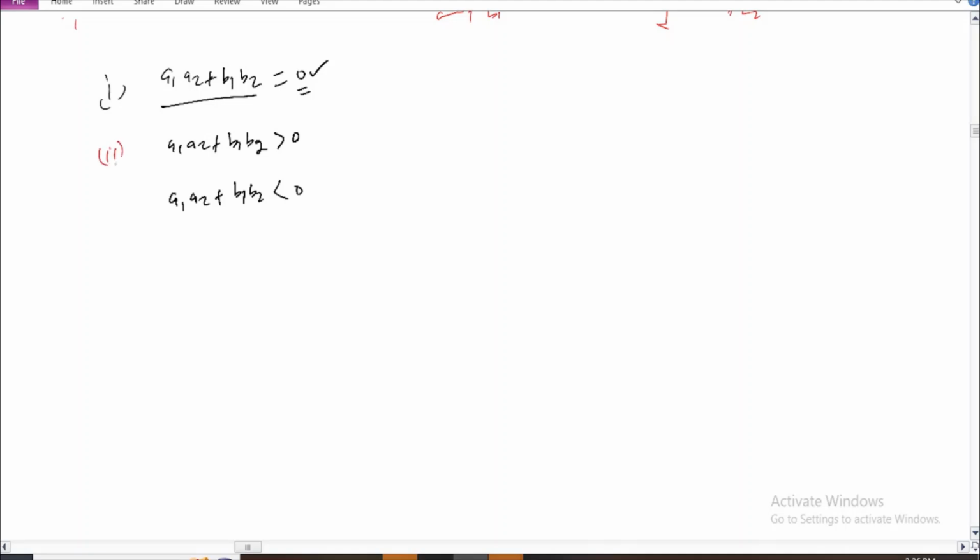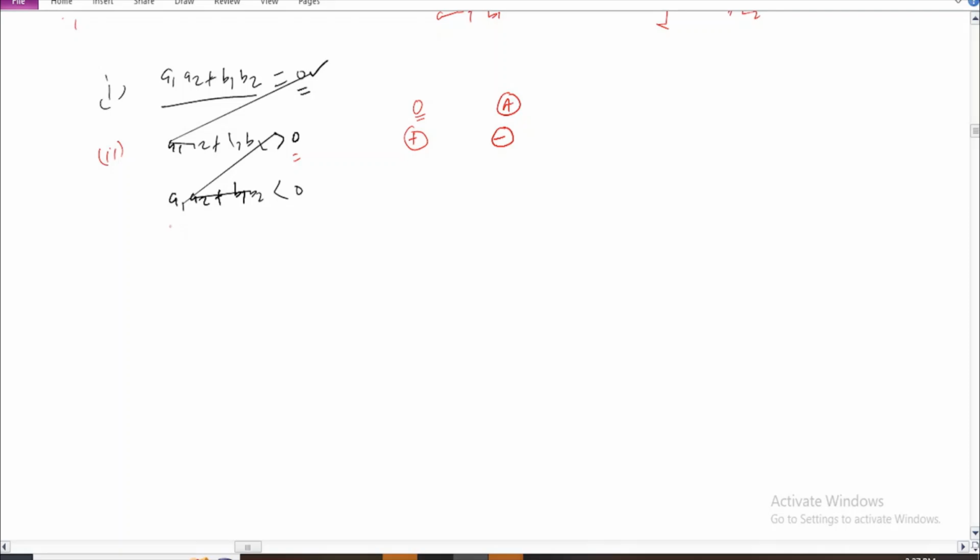Now, in the case of positive a1 a2 plus b1 b2, the positive sign gives us the obtuse angle bisector, and the negative sign gives us the acute angle bisector, right?